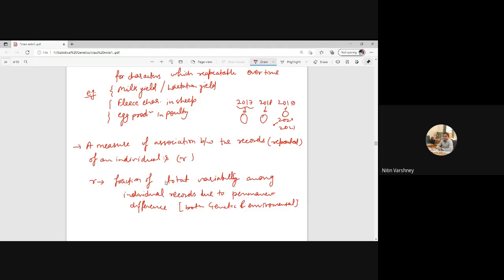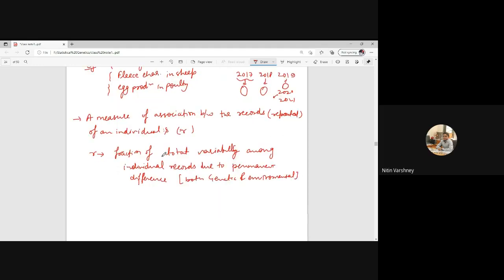So milk yield can differ from one year to another year due to genetic differences or due to environmental effects. And this 1 minus r is a fraction of variability caused by temporary effect, temporary circumstances.